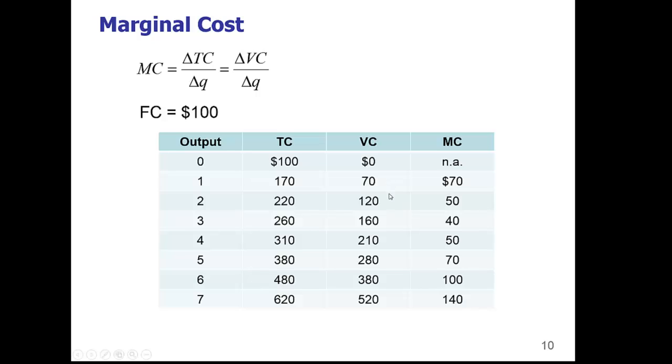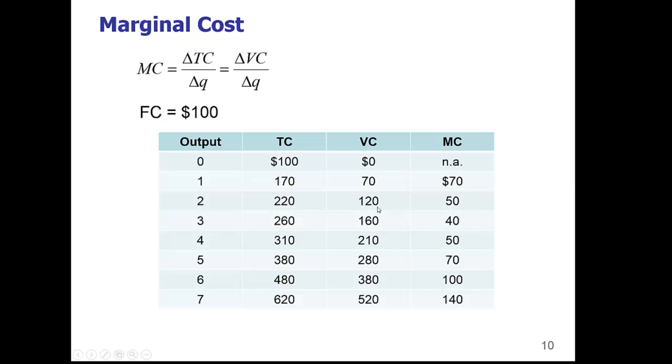We could have also used variable cost, taking advantage of the fact that marginal cost is also equal to the change in variable cost divided by the change in output. So what's the marginal cost of producing the second unit? You look at the change in variable cost. $50 extra worth of variable inputs were needed, and so the marginal cost of producing the second unit is $50 more.